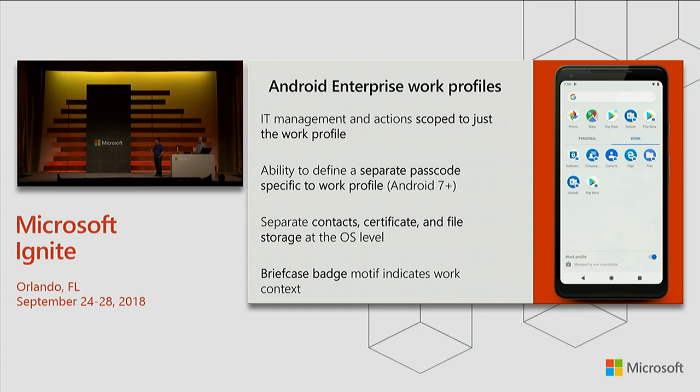So if you're a European customer and you're concerned about GDPR, this is one thing that a lot of our European customers enjoy because they can actually containerize the contacts within the Work Profile. And another element to notice is that the UI indicates the corporate apps in the home screen with that little badge icon, and some changes have happened in P, or Android 9, to make that a clearer experience. So Chris, back over to you.